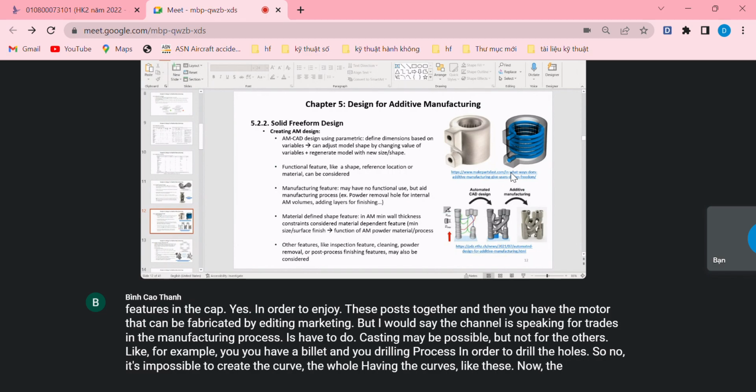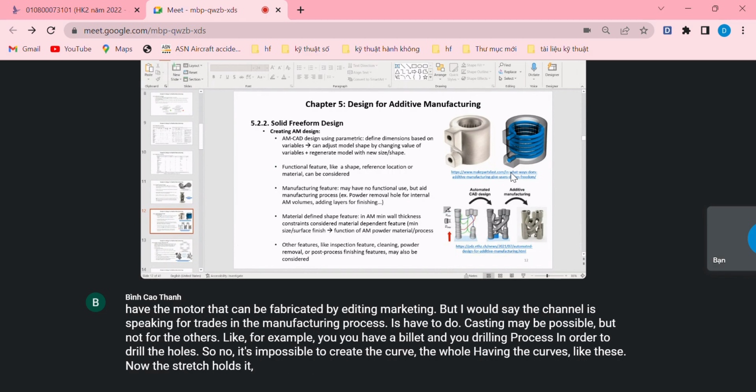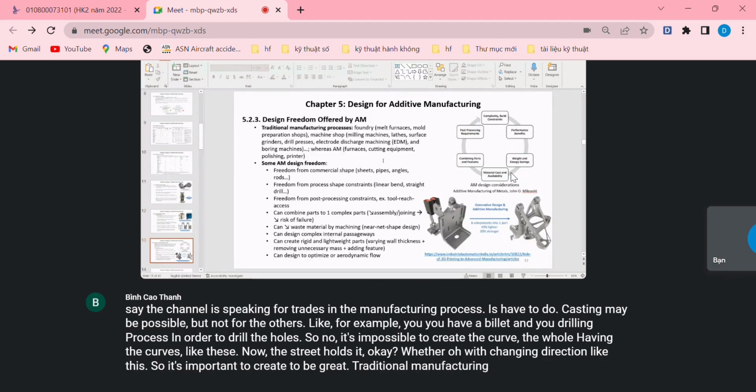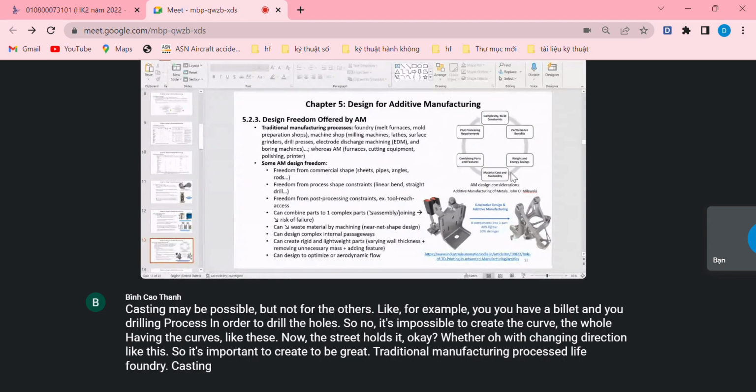Straight holes are okay, but a hole with changing direction like this is impossible to create with traditional manufacturing processes like foundry and casting. This is the design freedom offered by AM.